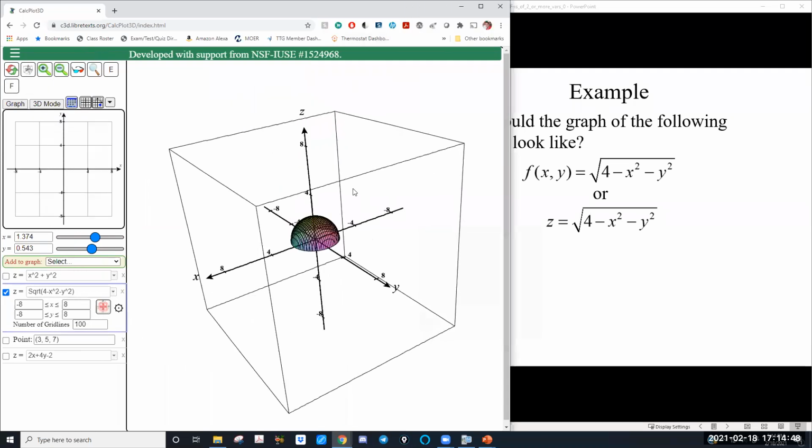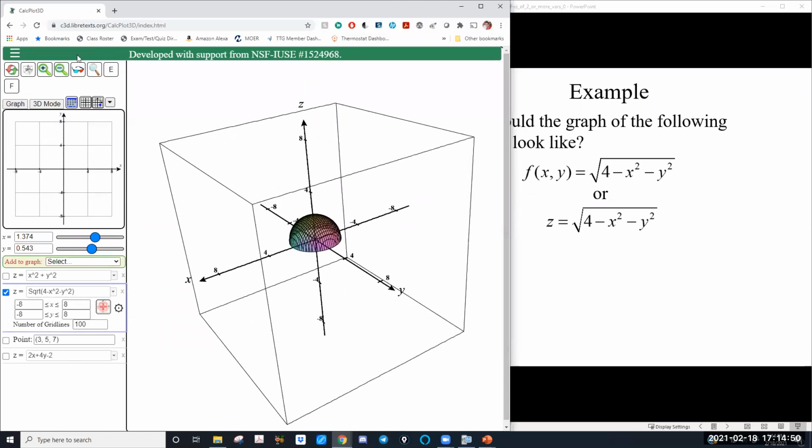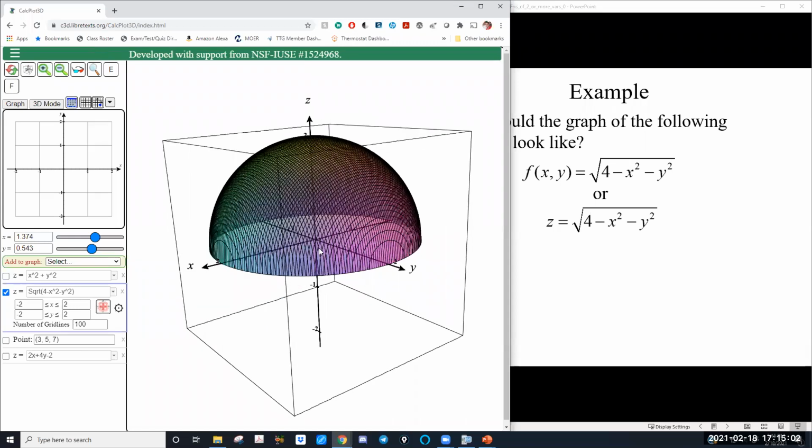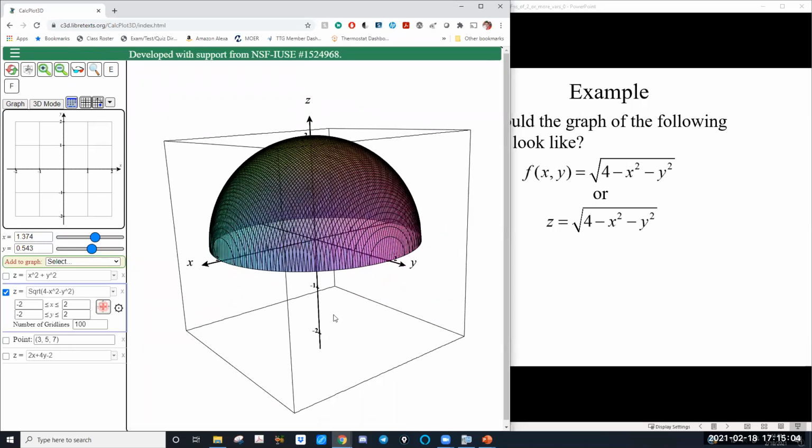It's moving a little slow. There we go. All right, notice what we have for our object here. We have basically a half a sphere.